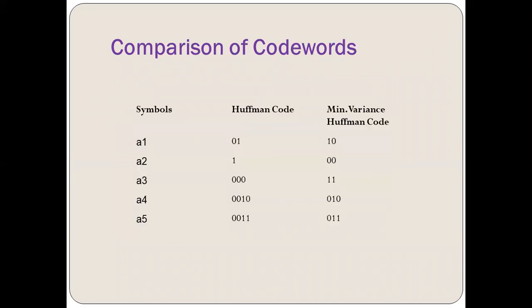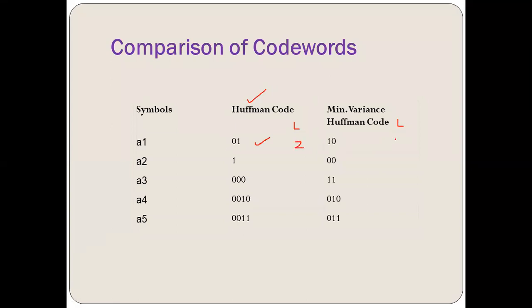I have explained to you. Now, the comparison of code words. The code words which we have already generated through Huffman code were these, because we have taken the same example, and I have compared it with the minimum variance also. So for A1, I got 0, 1, while in minimum variance, I got 1, 0. So I'll just see the length of the code word. The length of the code word here is 2 in Huffman.